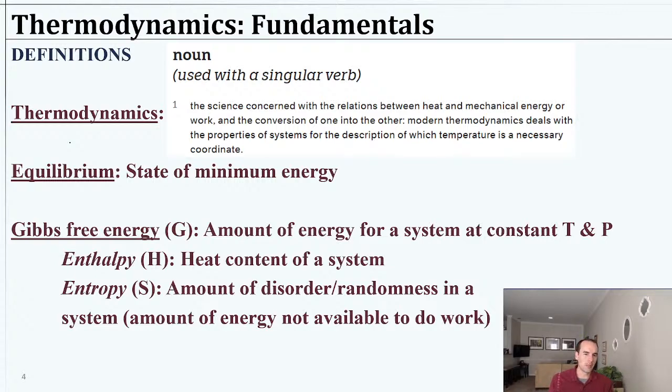So equilibrium we can define as the state where we reach a minimum energy level. So when the rates become equal, that's the most energetically favorable place to be. That's why it was pushed to that spot.